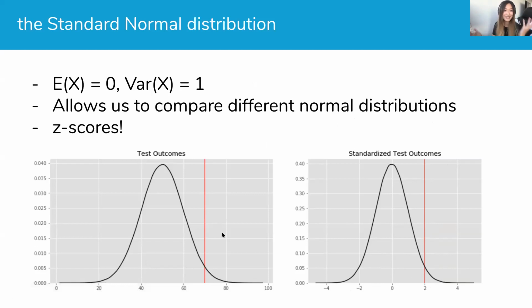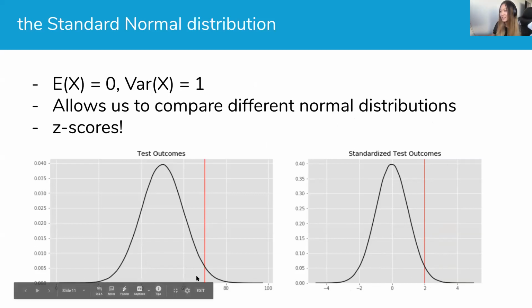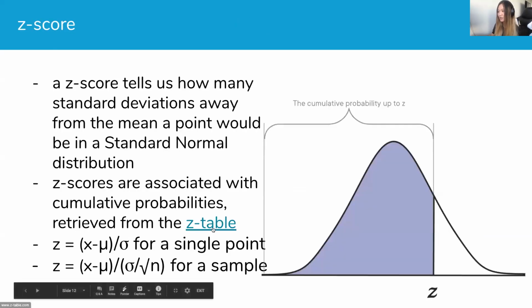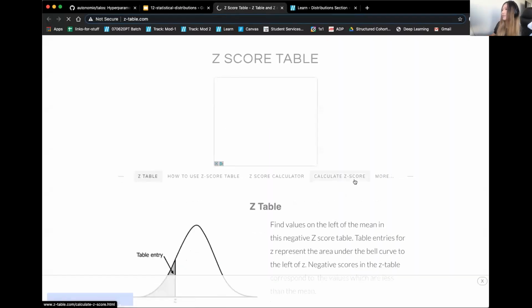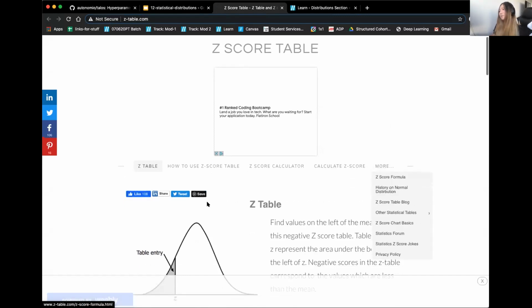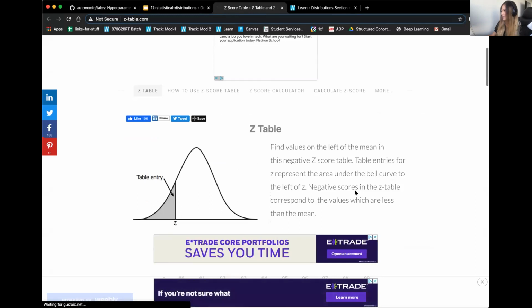So without using a calculator or doing any intense area under the curve calculations, let's say I wanted to find the probability of getting test outcomes below 70. I could convert this 70 into the standard normal, which is 2, and then look up this z-table. The z-table is a universal thing. Every z-table is the same. And the definition is right here.